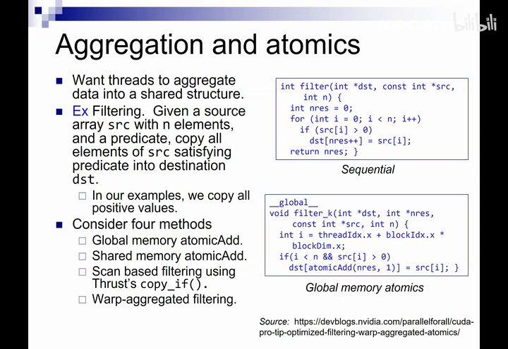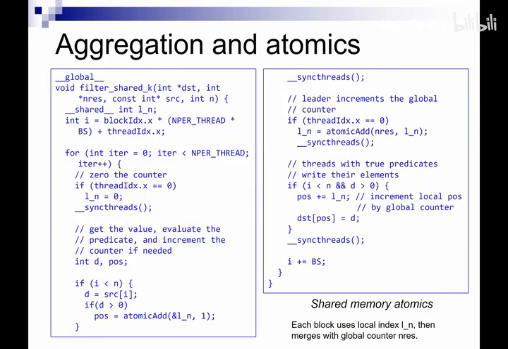Now you can probably guess that this is not going to work very well, because all of the threads are going to be contending at the single variable nres when they do the atomic add operation. So now let's try to improve this.